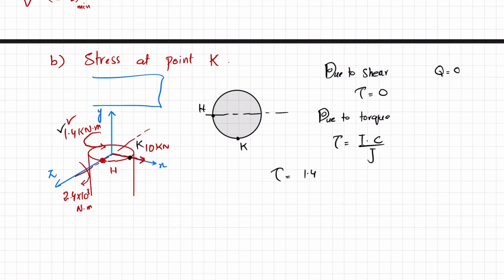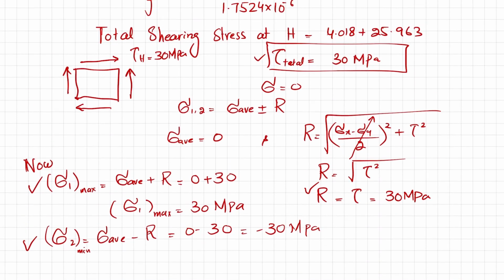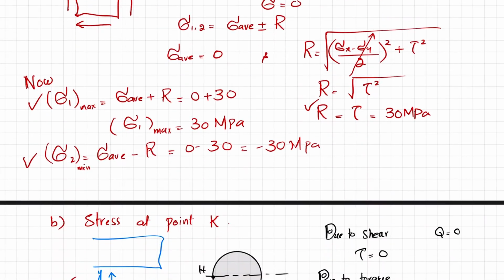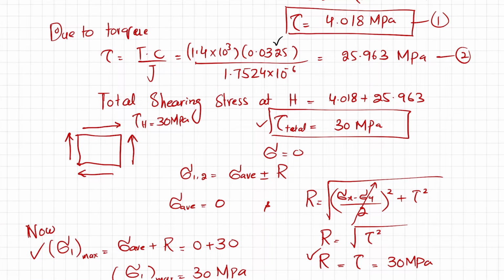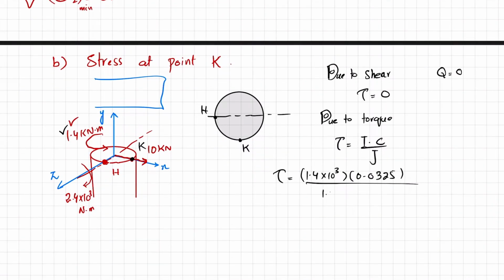Torque is equal to 1.4 into 10 to the power 3 kilonewton meter, while C is 0.0325 divided by J, and that J is 1.7524 into 10 to the power minus 6. So when you calculate it, you will get the shearing stress as 25.96 megapascal. Okay.